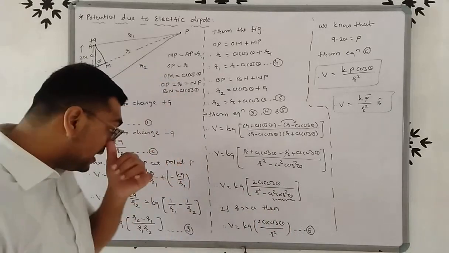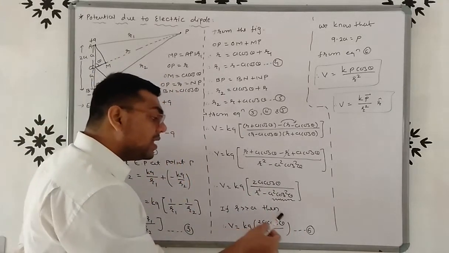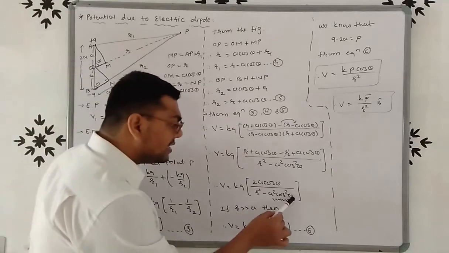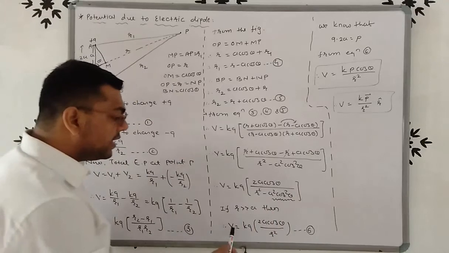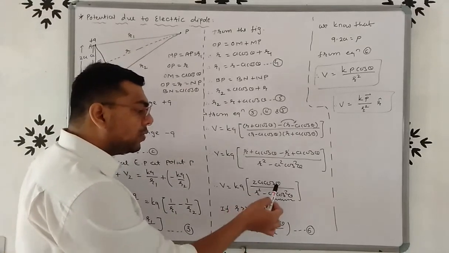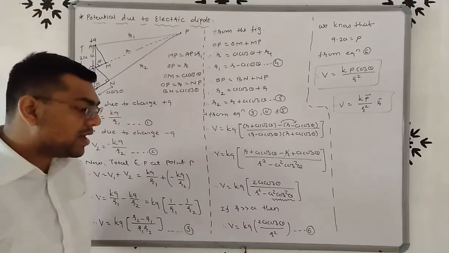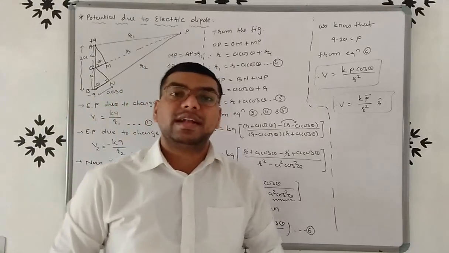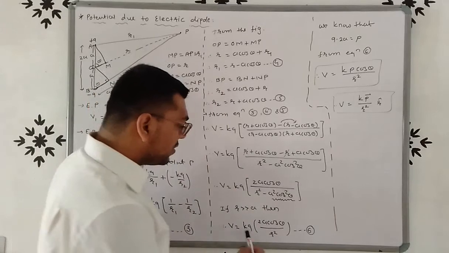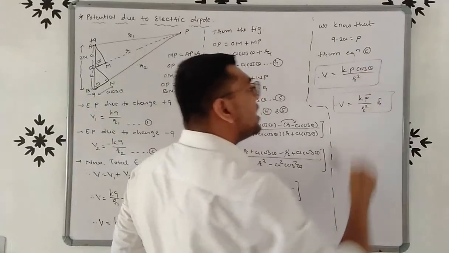Now if I say the distance r is much greater than a, then we can easily neglect a square cos square theta. So we get V is equal to Kq 2a cos theta upon r square. But we know that q into 2a gives the electric dipole moment p. So Kp cos theta upon r square.